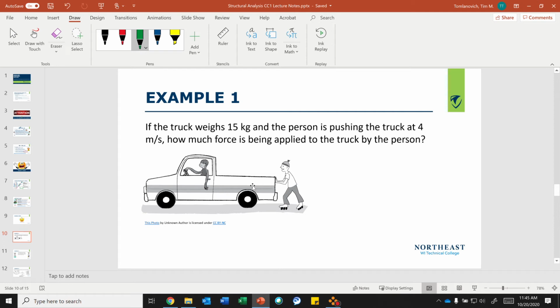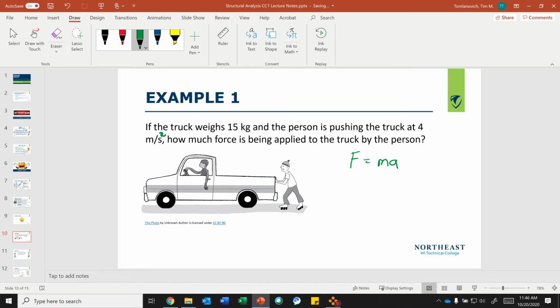Example 1. If the truck weighs 15 kilograms and a person is pushing the truck at 4 meters per second, how much force is being applied to the truck by the person? Remember Newton's second law, force equals mass times acceleration.